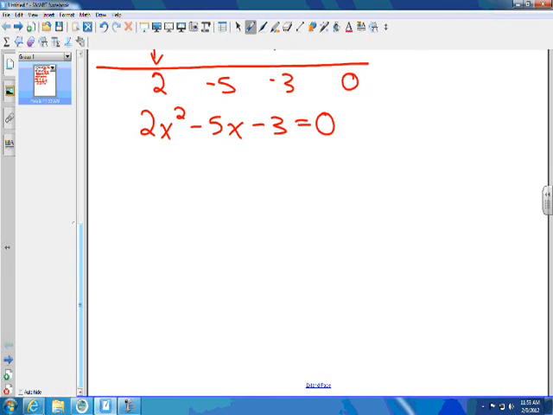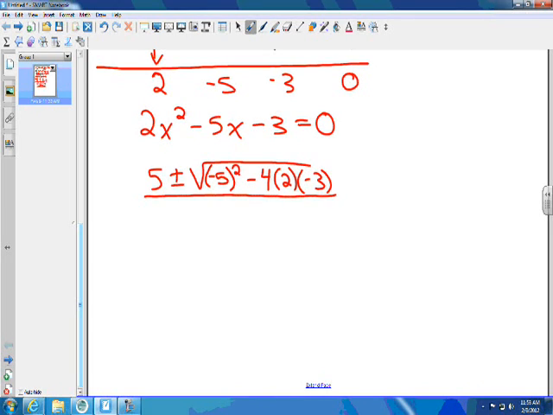So if we do that, what would opposite of b be? Positive 5 plus or minus the square root of negative 5 squared minus 4 times 2 times negative 3, all over 2a, which is 4.